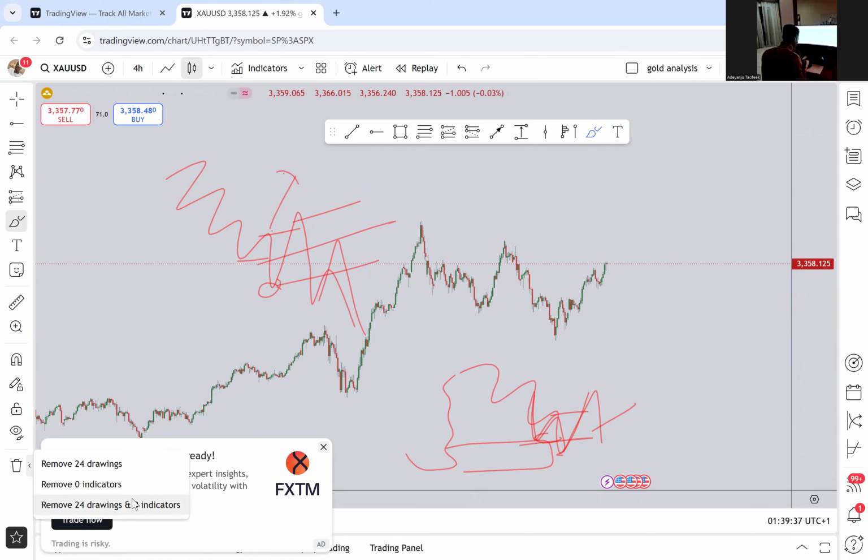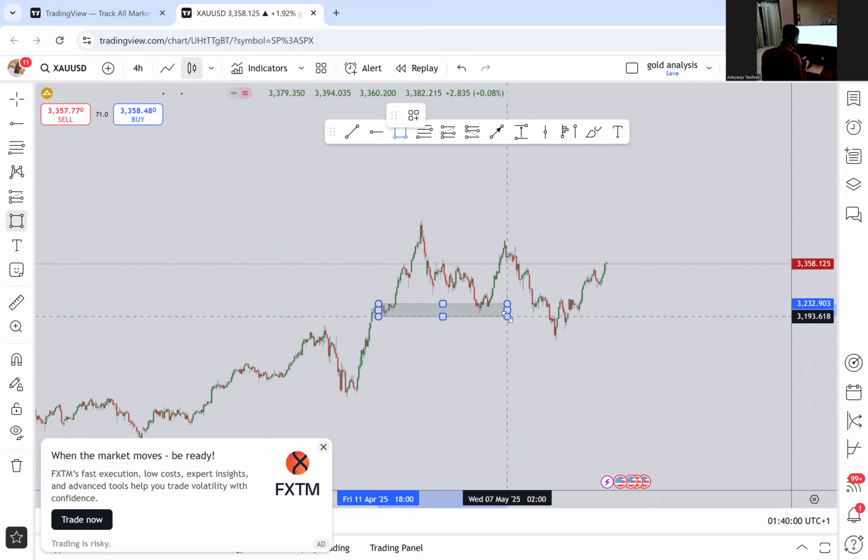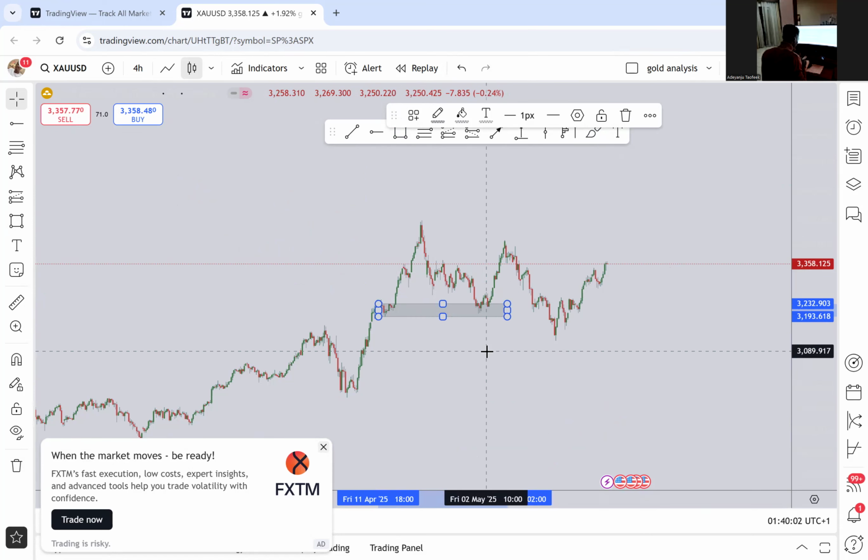So this is gold for our chart, and we'll be looking at the examples here. We've got a few examples here. Let's say we pick the rectangle and then we mark this demand level.